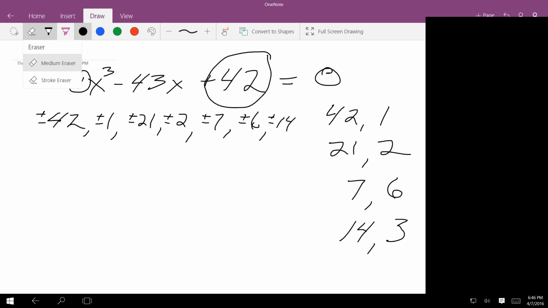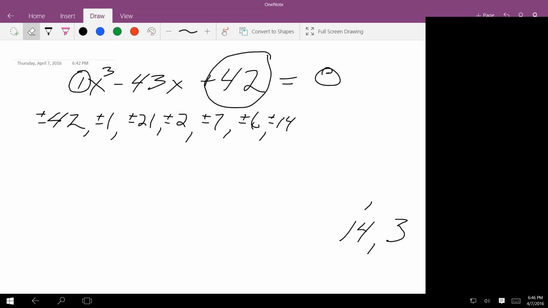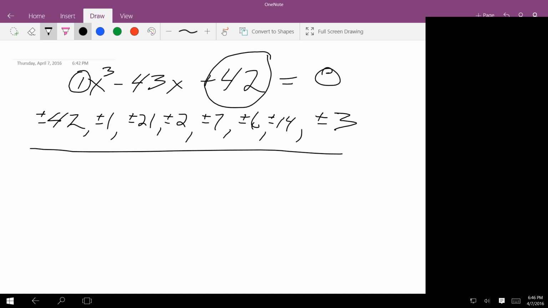Let me just get rid of some of this stuff. And the last one is plus or minus 3. So those are our possible numerators. Our possible denominators are factors of 1.